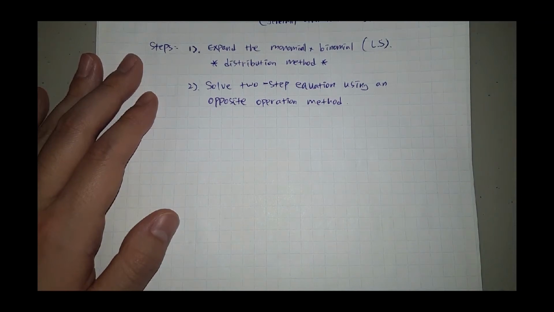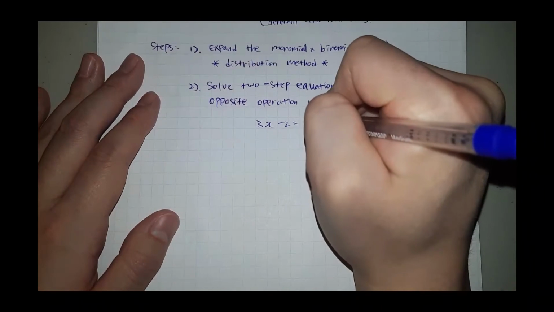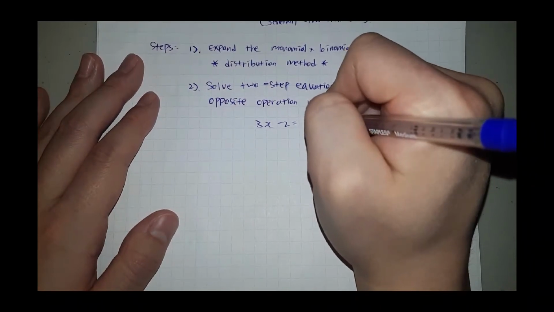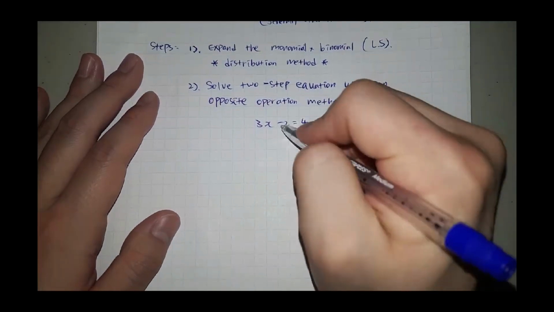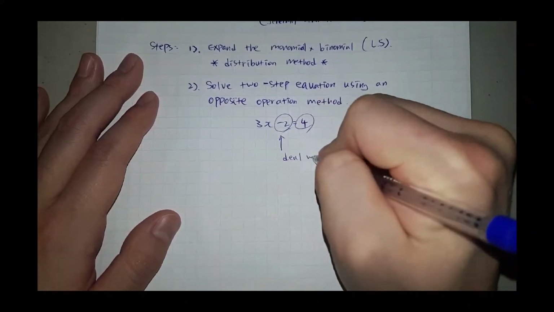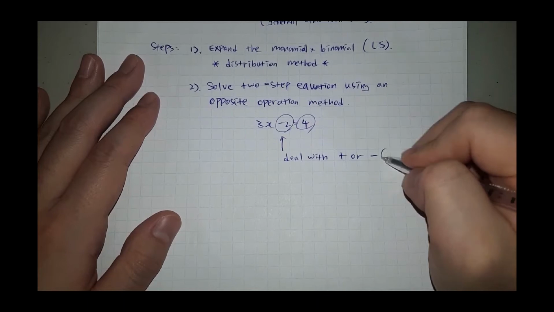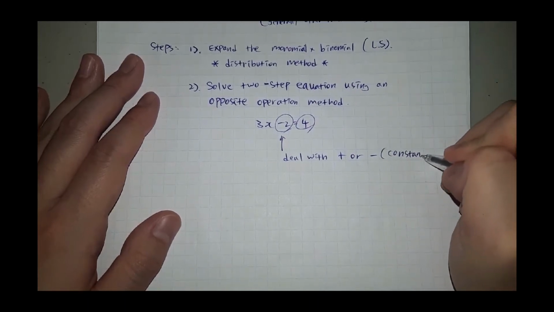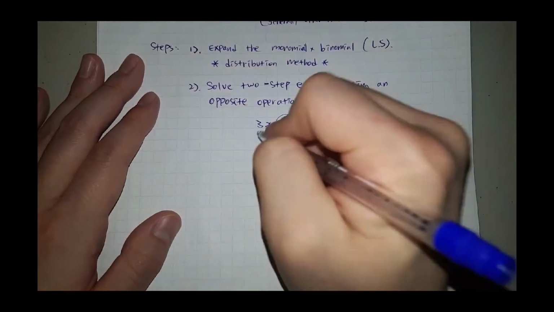In a 2-step equation, you are dealing with the constant first, that is either added or subtracted.